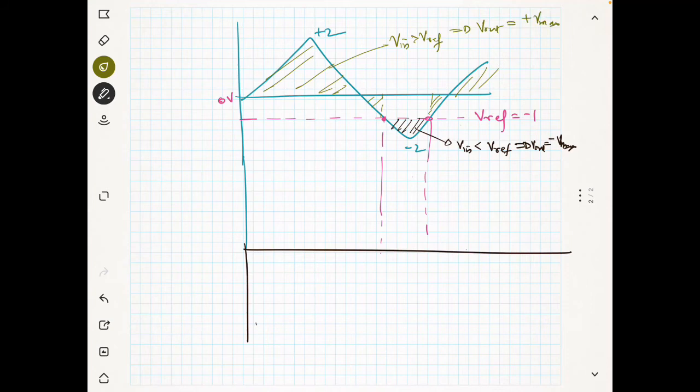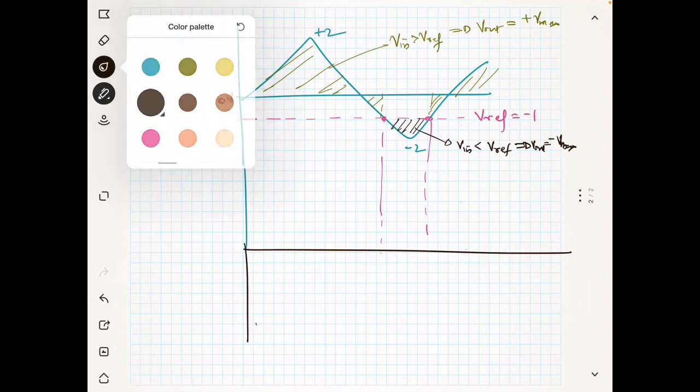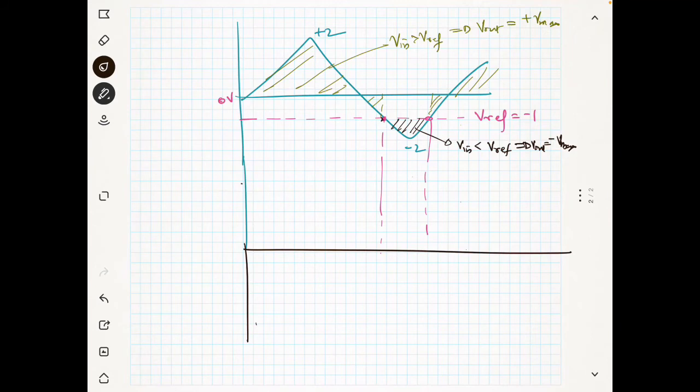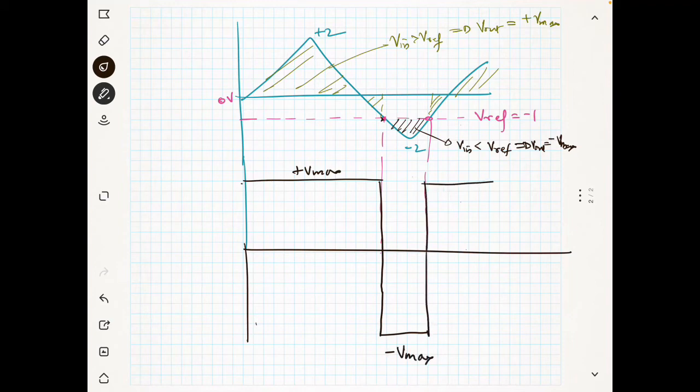If V in is big, then output will be positive. If V in is less, then output will be negative. So up to this point my output will be plus Vmax, and here my output will go to minus Vmax, then again plus Vmax. So this is my V out, and this is my V in. That is the output of that particular circuit.